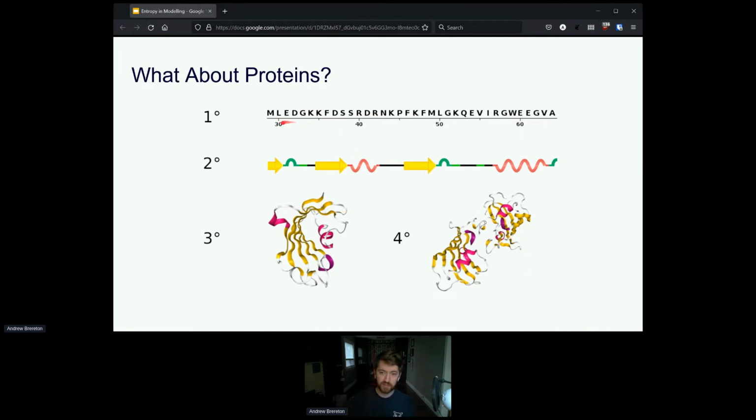Now, interestingly, these are all equally accurate representations of this protein. It's tempting to say that this is more accurate than this because this has more information. However, that's not the case. The accuracy really is the same.